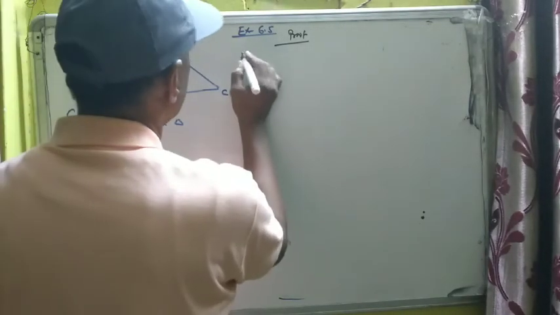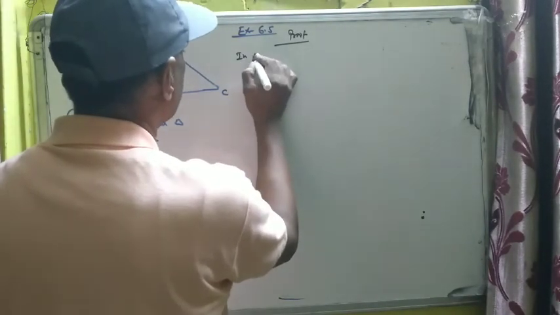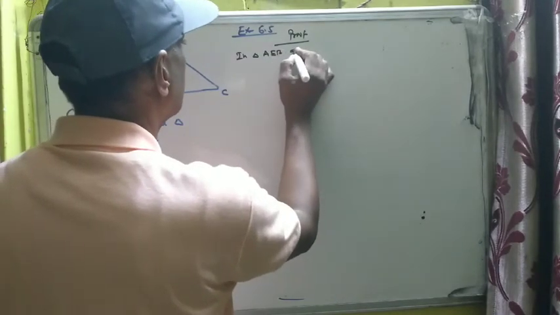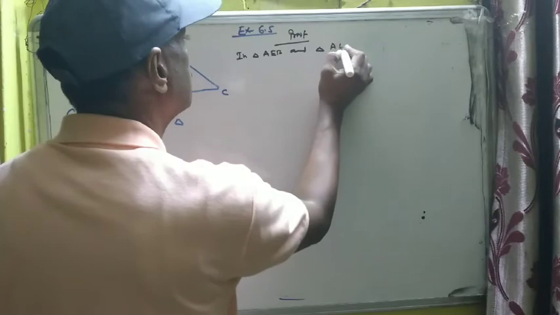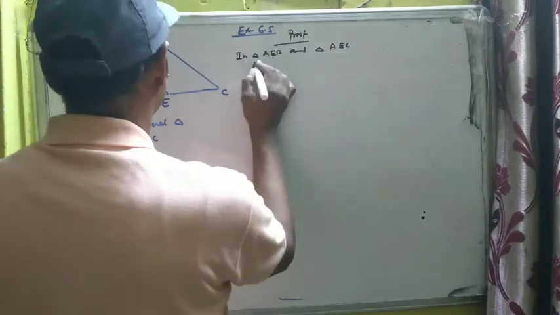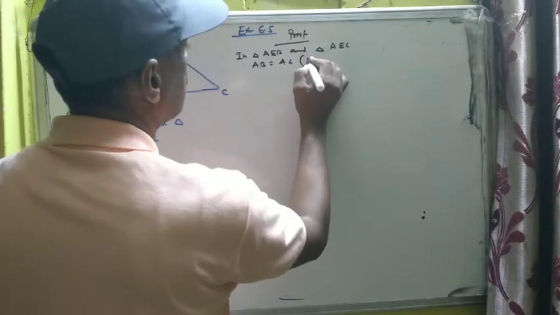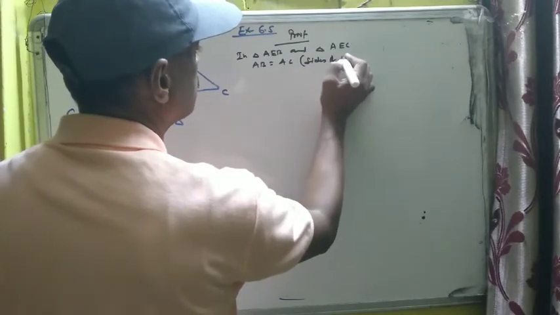So I am using the congruency here. In triangle AEB and triangle AEC, AB equal AC, these are the sides of the equilateral triangle.